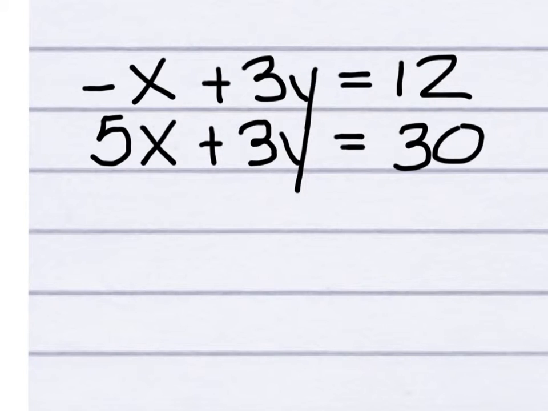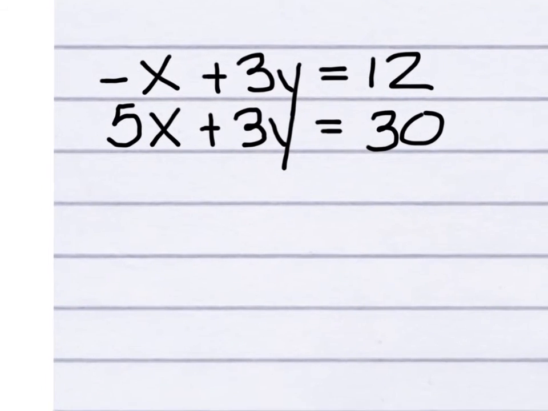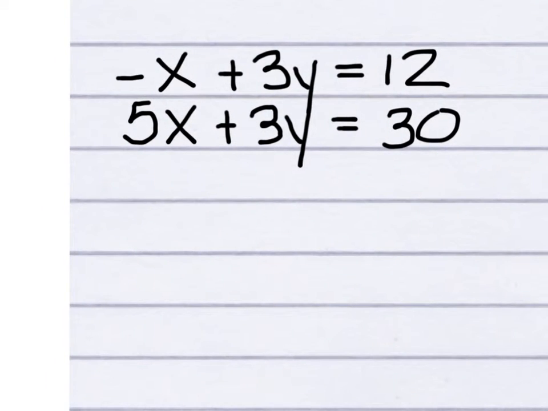Well, we have a negative x and a positive 5x here. And like Karshner was saying, there's different ways that you can do this. Notice you have 3y and 3y. They're both positive. If you add those together, you're going to get 6y, so they don't cancel out. But instead of adding, you could subtract them, and they would cancel out.